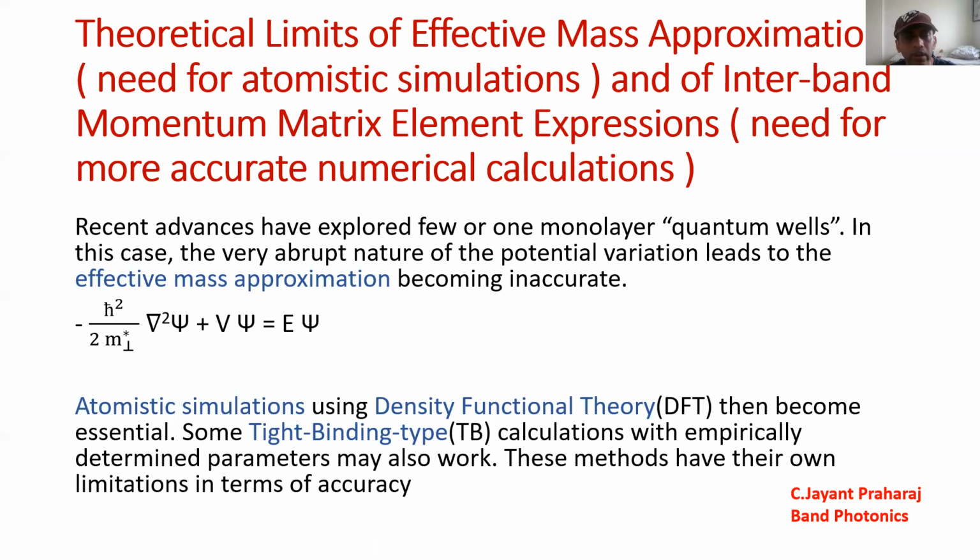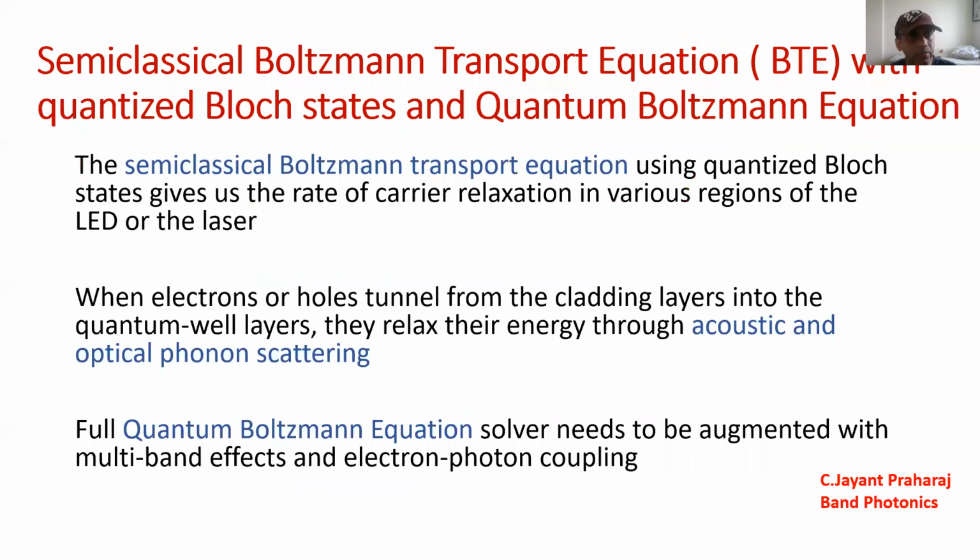Recently, even one monolayer, a few monolayer quantum wells have been explored. For these, though, the k.p approximation and the effective mass approximation can become inaccurate, and we may need atomistic simulations using density functional theory or some advanced tight binding type calculations.